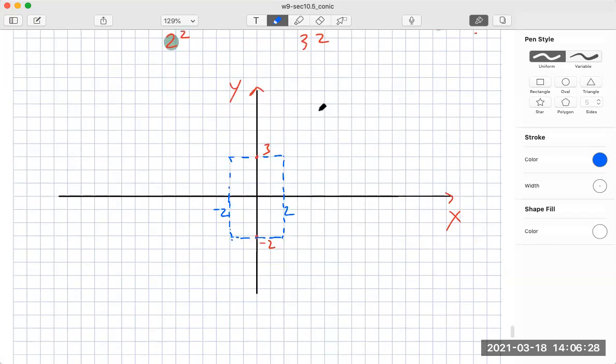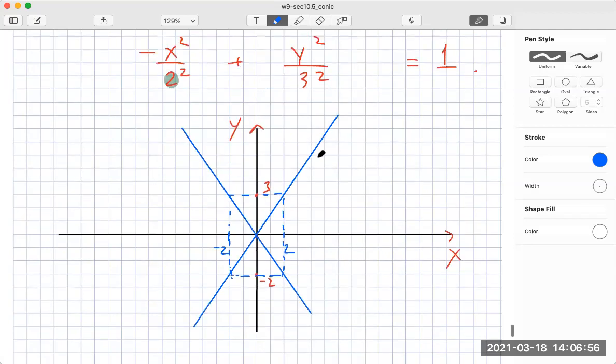Then what should we do? We draw the asymptotes, right? The asymptotes will be the lines that go through the origin here, and we connect these corners of the rectangle here. And what are the foci?